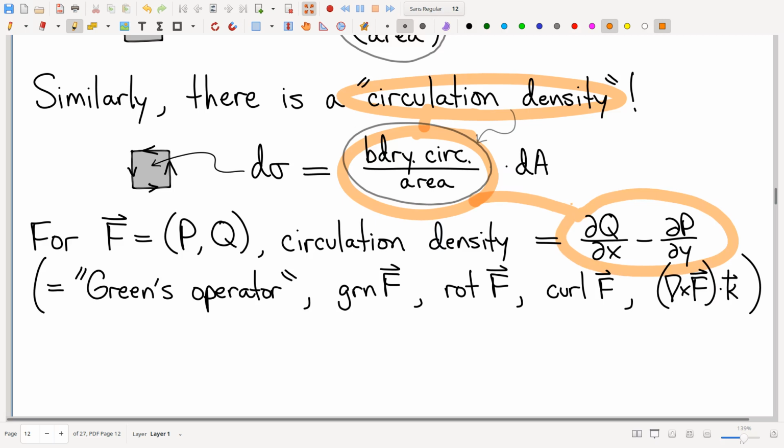Now there's a calculation that's needed to actually demonstrate this. Given a vector field P comma Q, I would need to actually compute the circulation on that boundary, because it's boundary circulation, literally. So you'd have to compute that circulation, compute the area, divide, take a limit as size approaches 0, and that's just a calculation.